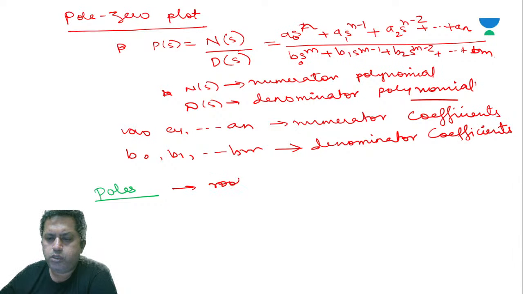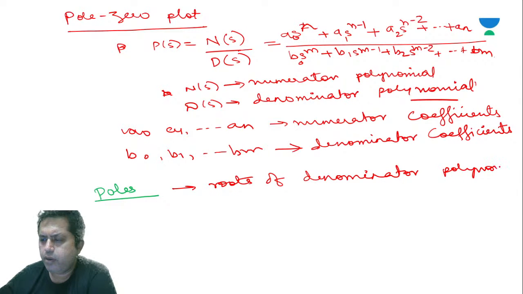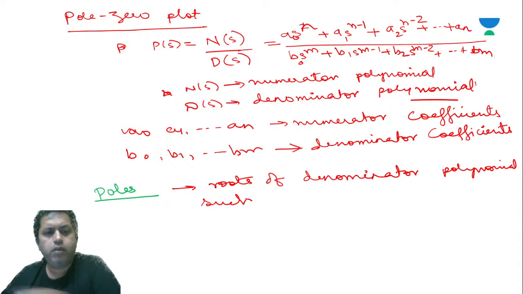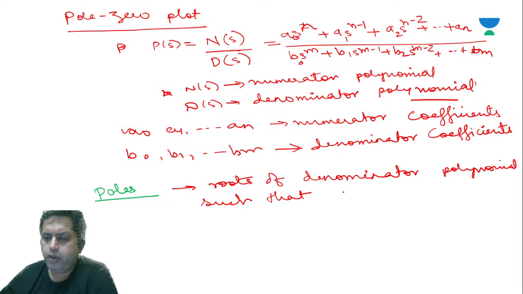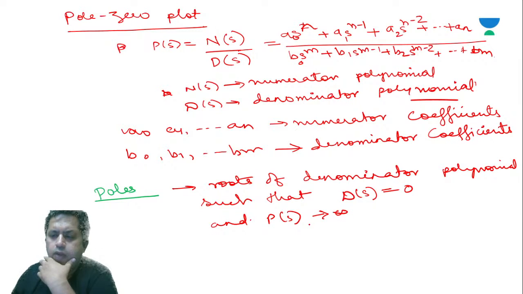These are the roots of the denominator polynomial such that the denominator polynomial becomes 0 and the transfer function H(s) tends to infinity.